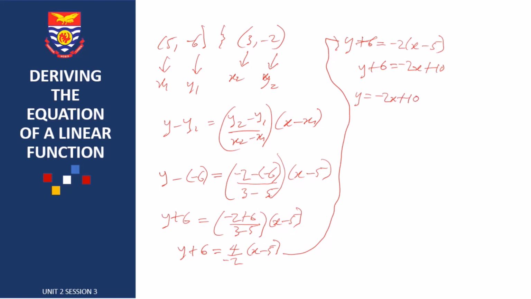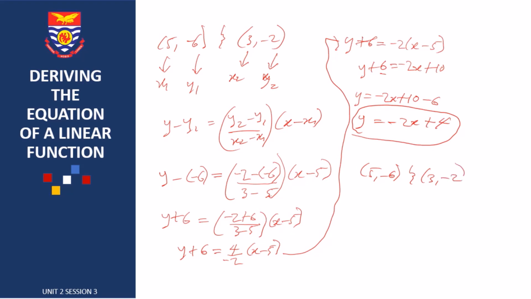When the 6 crosses the equal sign it becomes minus, so minus 6. I'll have y equal to minus 2x plus 4 as my final answer. So this has helped me. The points they gave me were 5 and minus 6, and they also gave me 3 and minus 2.